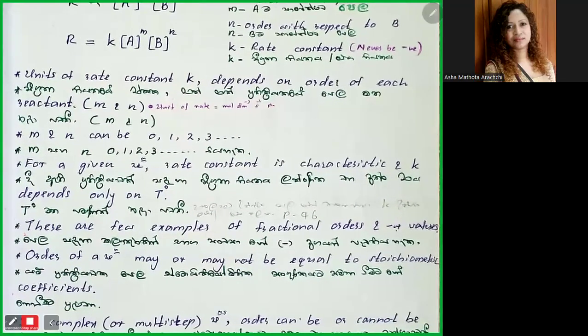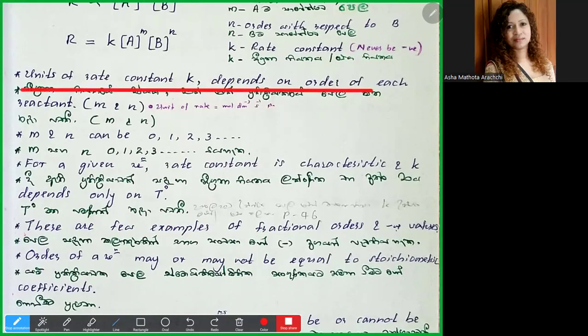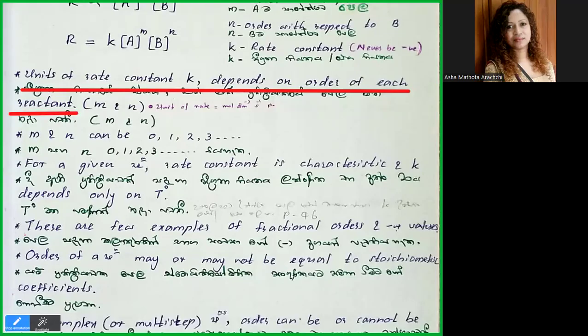Okay, so let's write normal points. Units of rate constant. Thank you, darling. I was waiting until the others are coming online. Are you understanding this part? You just started, okay? Units of rate constant K depend on the order of each reactant.